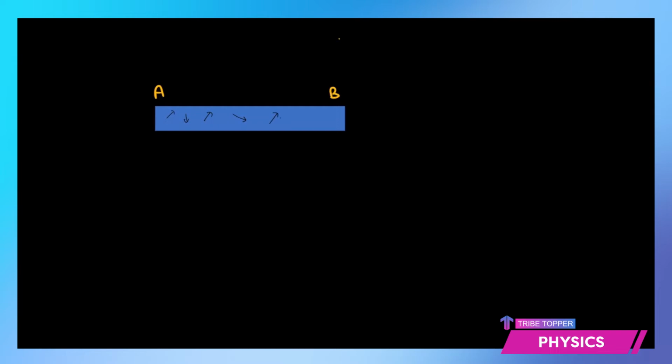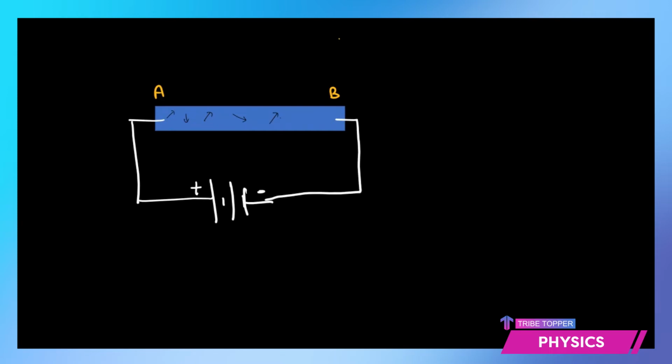But the moment we connect it to a battery, what happens? By connecting it to a battery, we created a potential difference that is negative on one side and positive on the other side. So we created a difference in the potentials of the terminals A and B. Whenever there is a difference in the level of something, like water always falls from higher level to lower level.